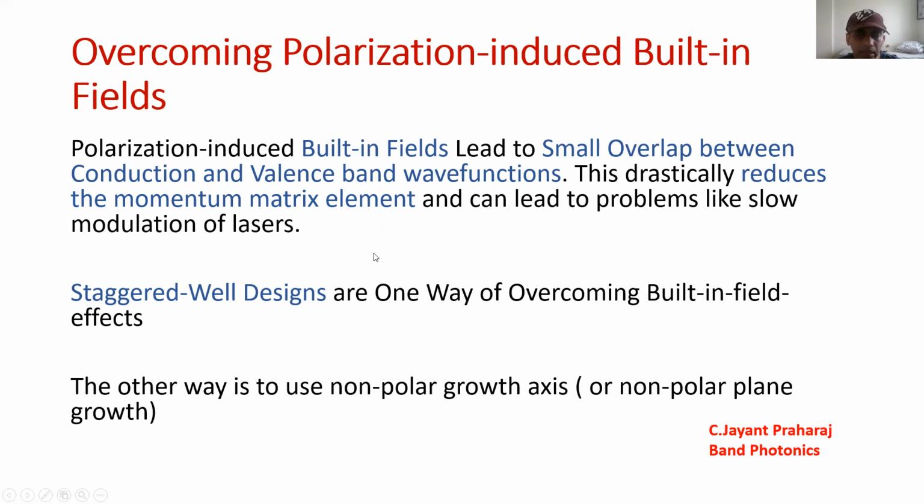One way to overcome built-in fields is using staggered well designs. The other way is to use non-polar growth axes. For example, the spontaneous and piezoelectric polarization diagrams we showed previously were for the c axis of growth or the 0001 axis. But there are other axes of growth like the 11-22 axis, and even other axes which can be non-polar, but they are technologically more difficult to achieve, but they can be explored to get good optoelectronic and photonic characteristics.